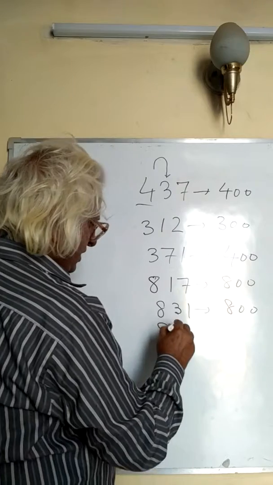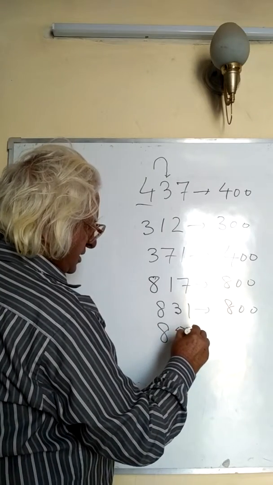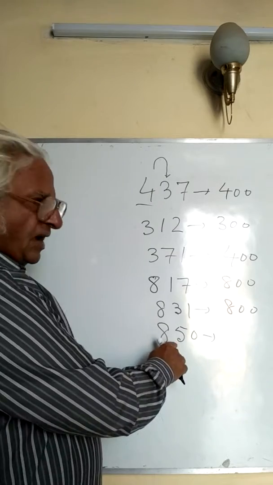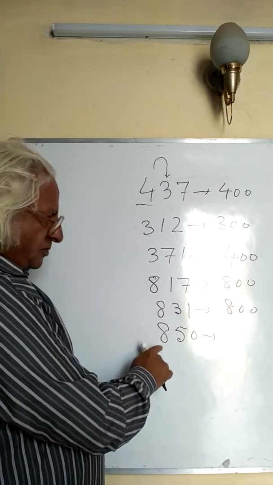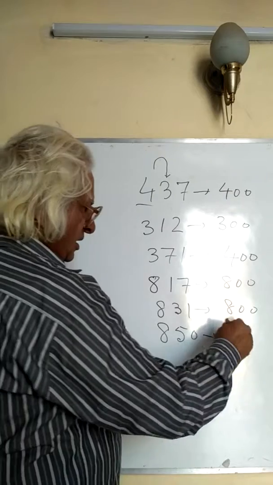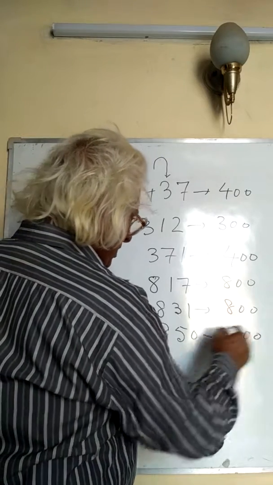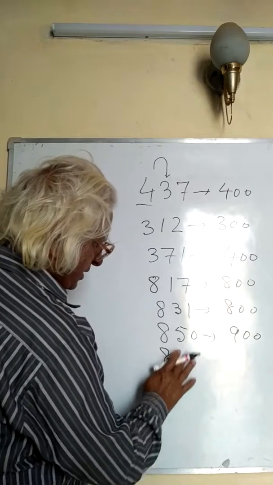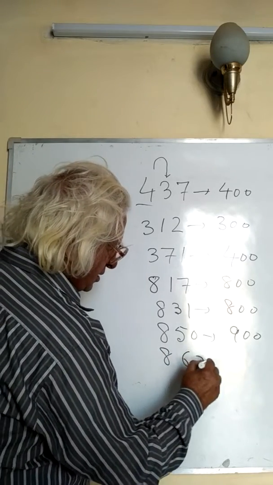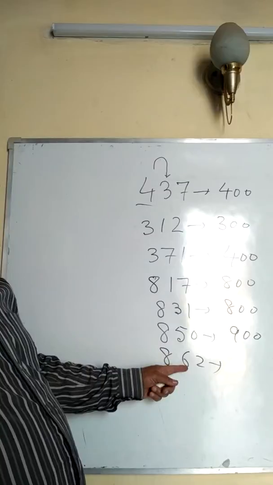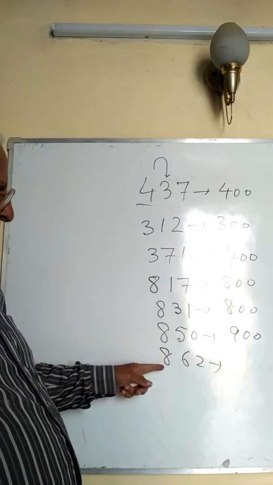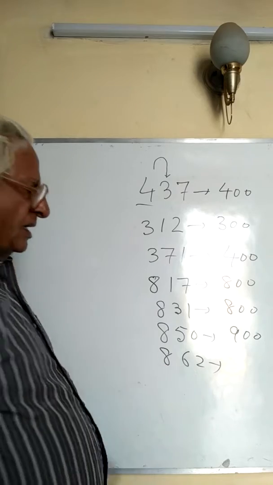But if it is like this, it is 5. 5 or more, 1 has to be added to this, 900. If it is, say, this digit, you have to examine this digit. This is more than 5, so 1 will be added to this and this will become 900.